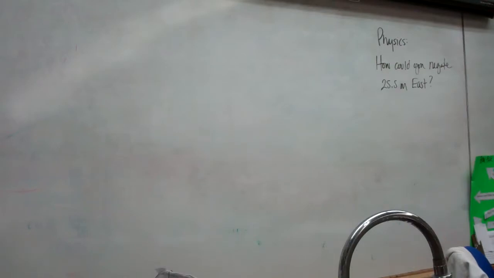And some of you did that with your cards in the lab yesterday. You took all your souths and your norths and canceled them out and said, oh, we only have to go 5 meters north. Or took all your east and west and said, hey, they all cancel. We're in a straight line. Okay, good.